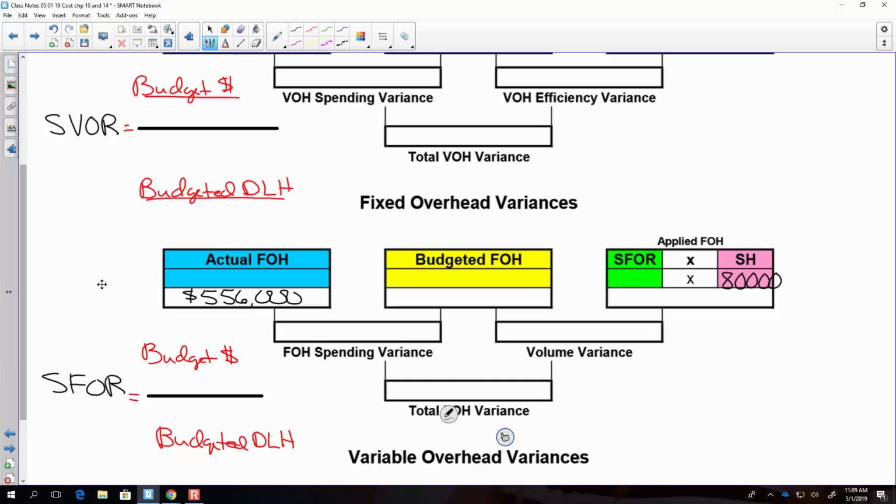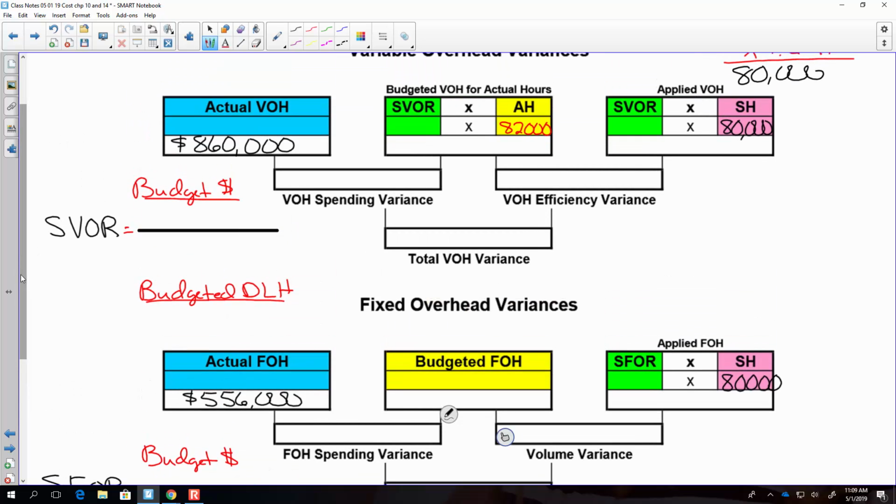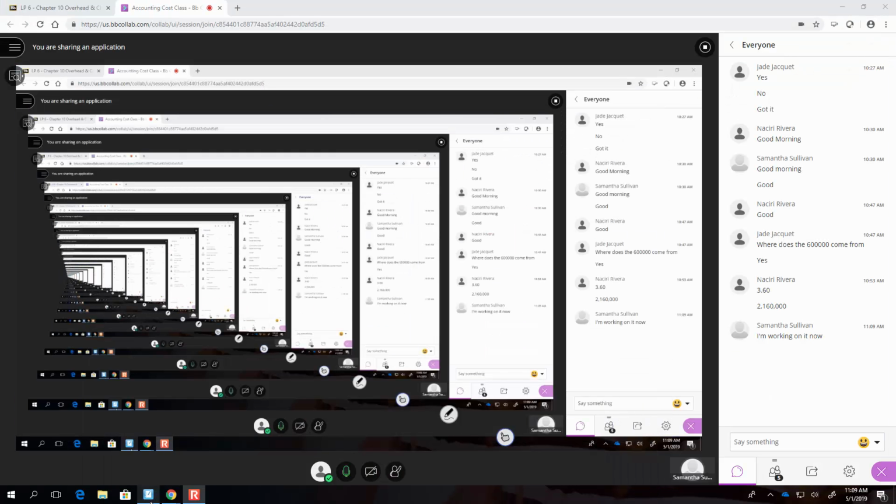Sam, can you tell me what the standard variable overhead rate is? I'm looking for this number, Sam. Do you know what that number is? Standard variable overhead rate. Okay. It's actually given to us, Sam, in the problem itself.